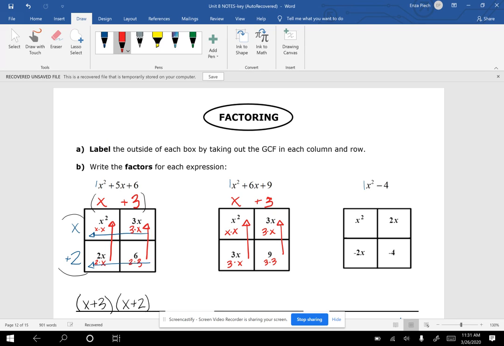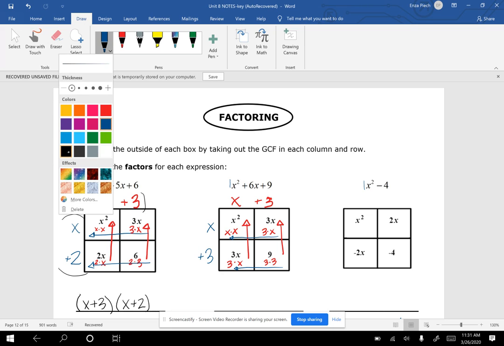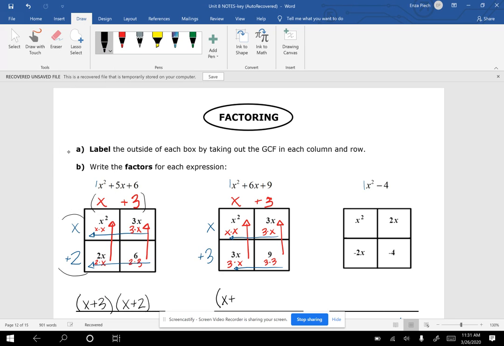And that's a positive 3. On the other side, for my rows, I'm going to say, oh, I can pull out an x again. And here I can pull out another 3, positive 3. So now I'm going to write out my actual answer of x plus 3 times the quantity of x plus 3.